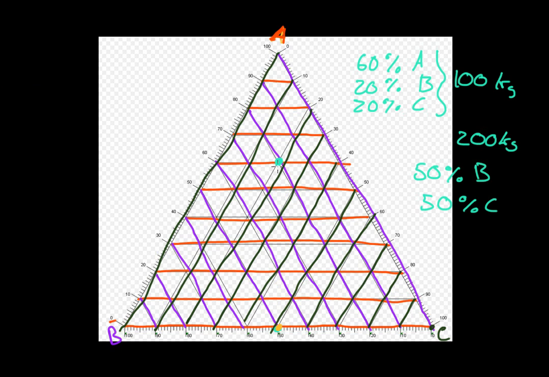Then we'll draw these lines together. We said we added 200 kilograms, so now we have a system made up of 300 kilograms. But 200 kilograms are from this new system. So the system is going to be closer to this point than to our original system.